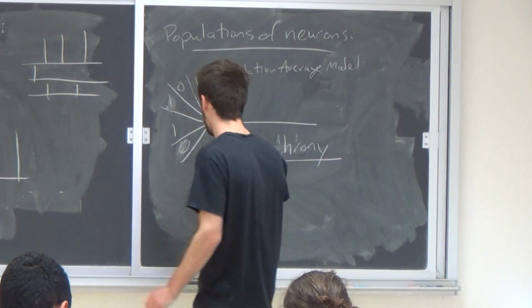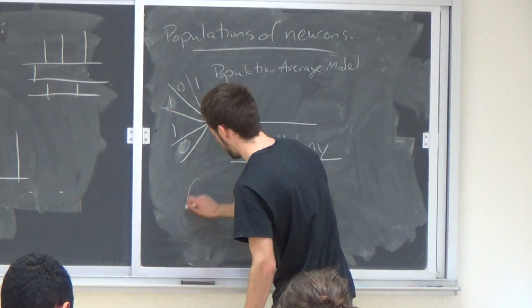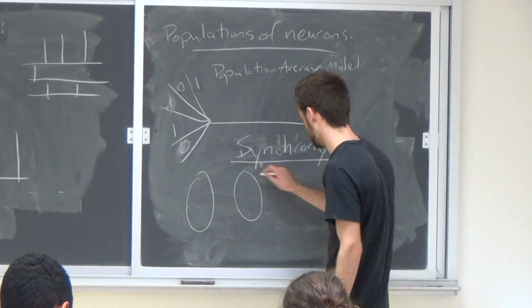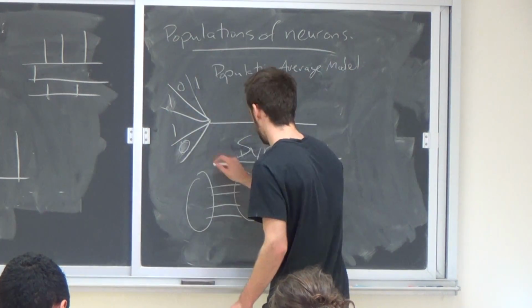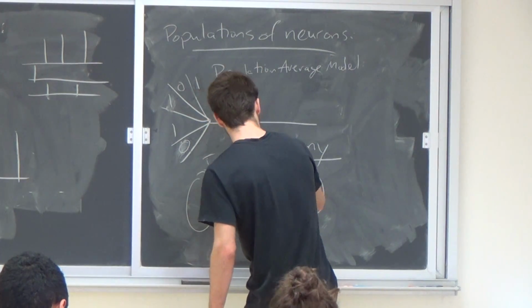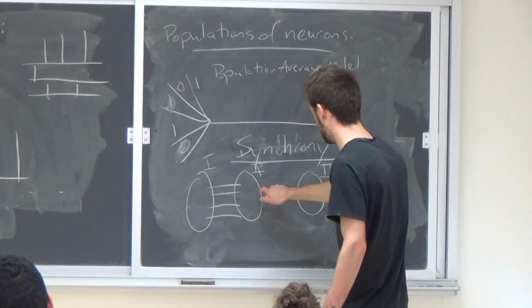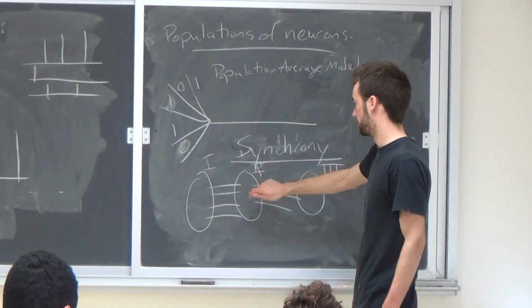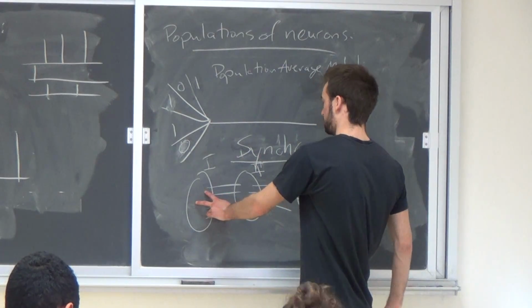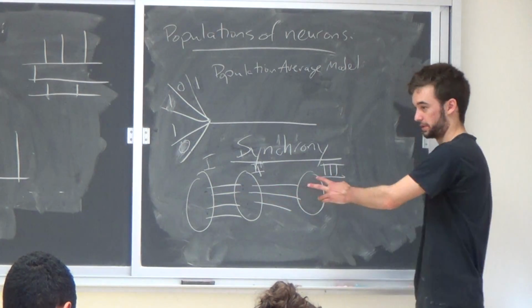Imagine we have a whole lot of neurons, but we split them up into regions, and these are region 1, 2, and 3. Region 1 is connected to region 2 for the most part, and all the neurons in region 1 are connected to region 2, and all the neurons in region 2 are connected to region 1.